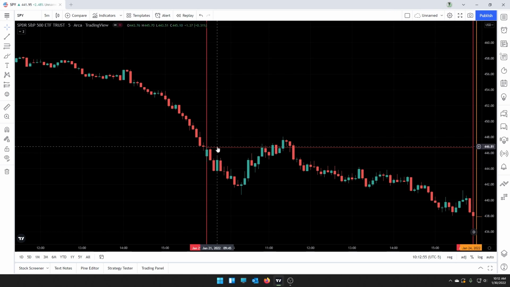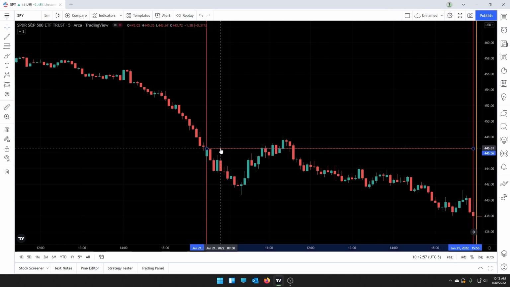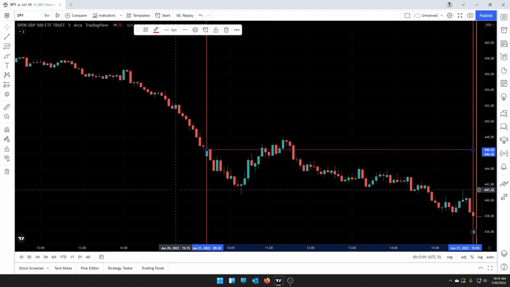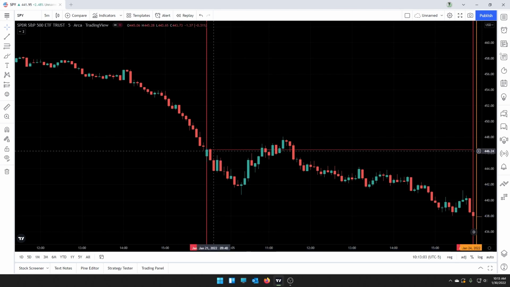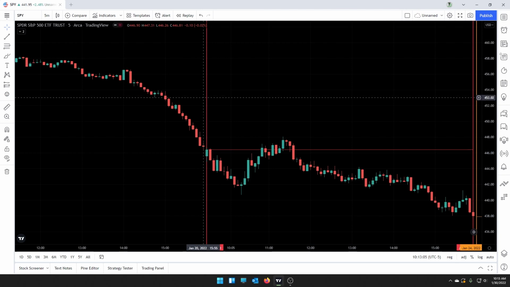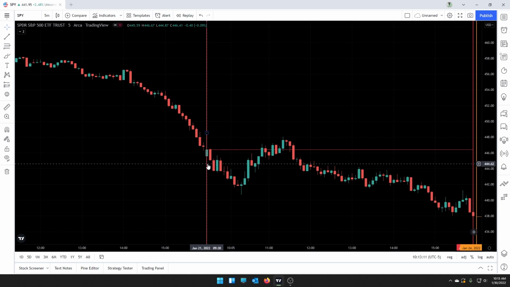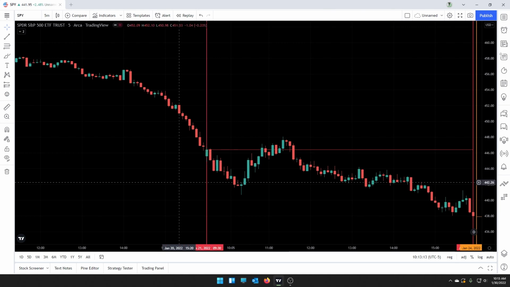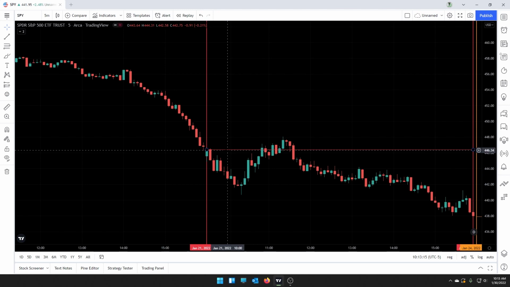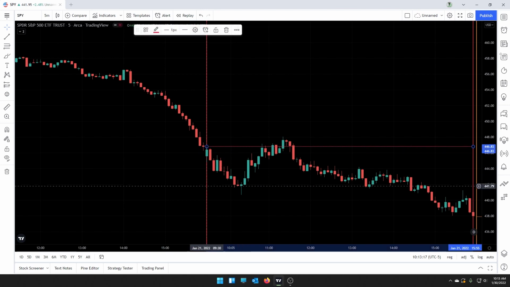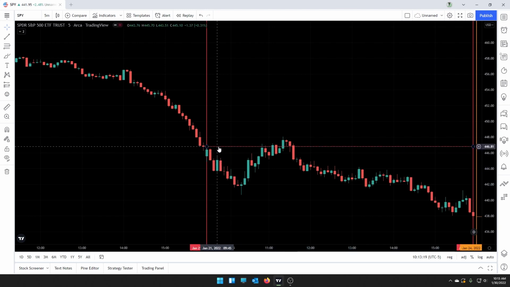So this here was a small gap. I actually have this in the wrong spot. Should be at the top of the candle here. So this red line here, the vertical one, indicates market open for this particular Friday, which happened to be January 21st, 2022. The previous day's close was here at this thin red line.